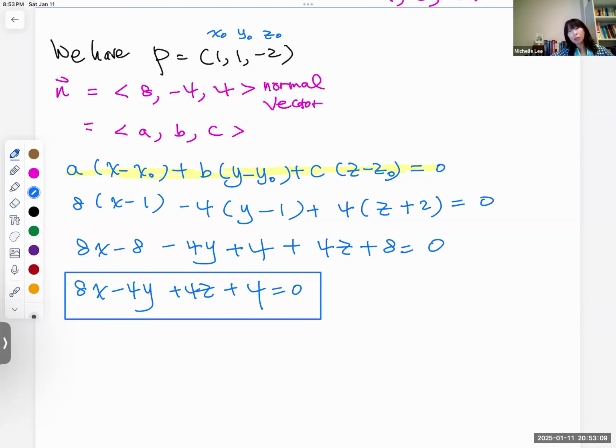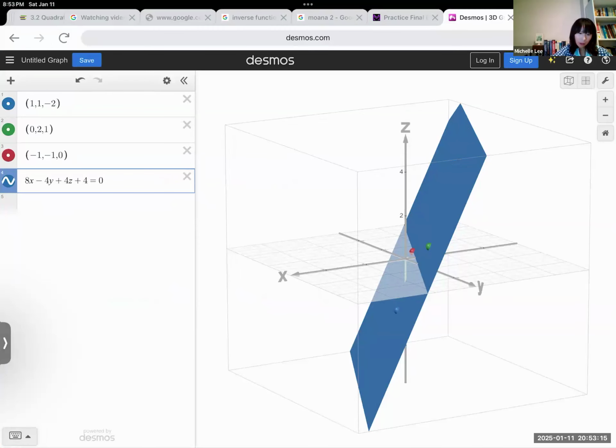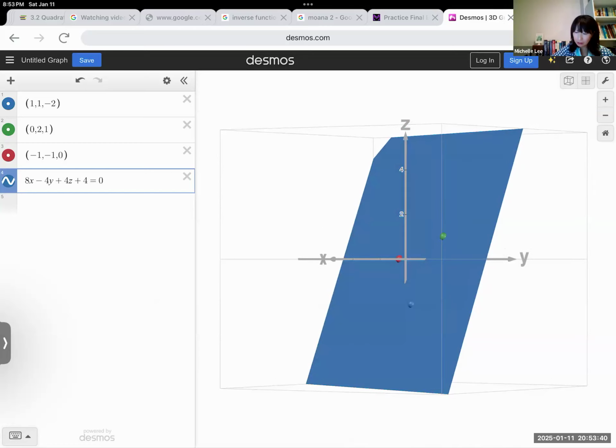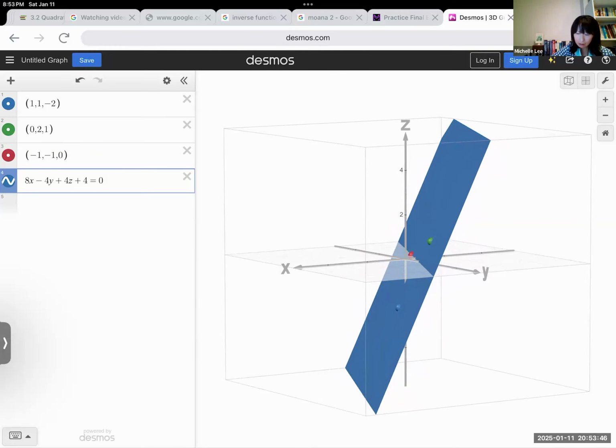Okay, let me show you in Desmos 3D, 3 dimensions here. So I plot the point 1, 1, -2, that's the P, I think. Then Q, then R. So blue, green, red there. Can you see that? And then the equation I typed there, so it looks like this. Yeah, that is the equation: 8x minus 4y plus 4z plus 4 equal to 0. Yeah.